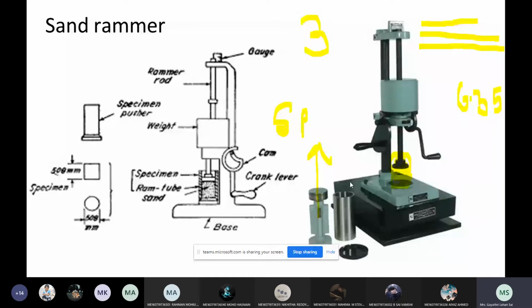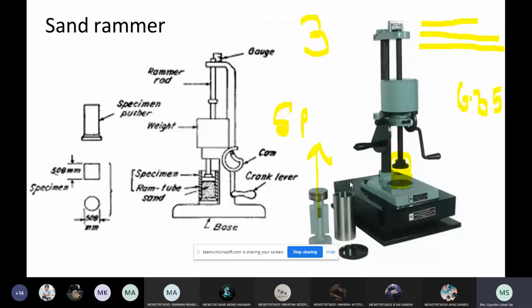There will be three lines. 3 times you have to rotate the lever such that the ramming is done 3 times, so that it maintains a specimen height of 50.8 millimeters.